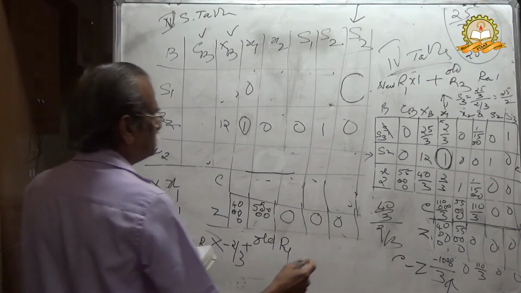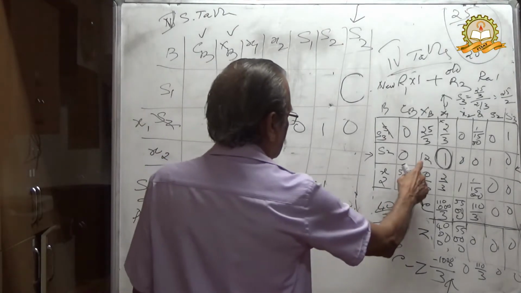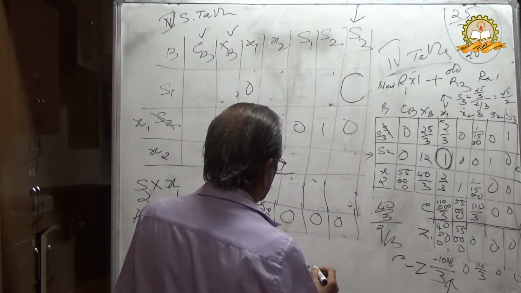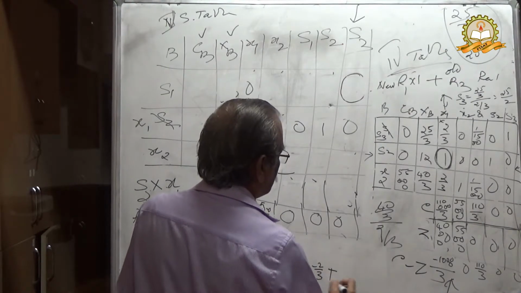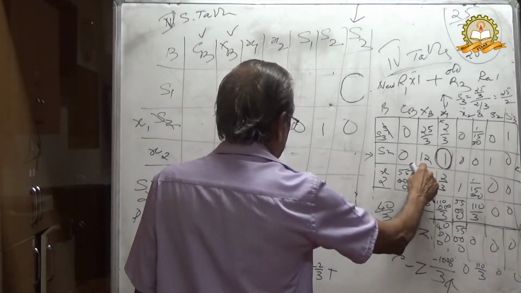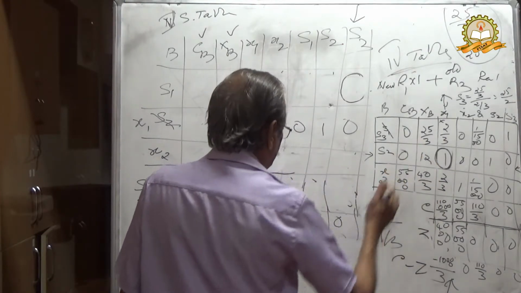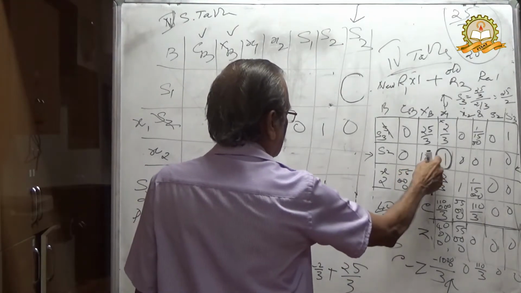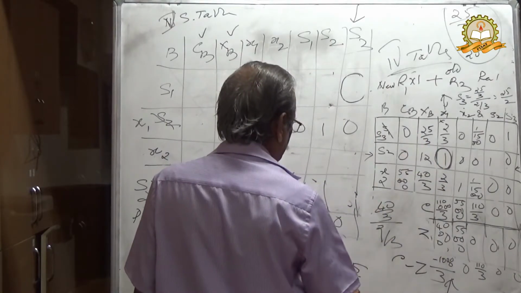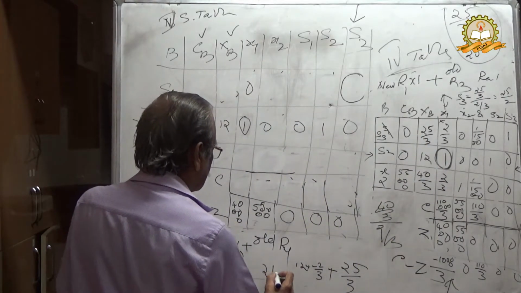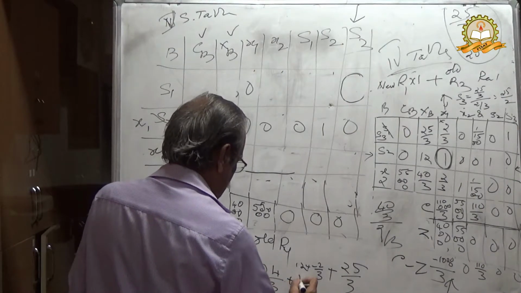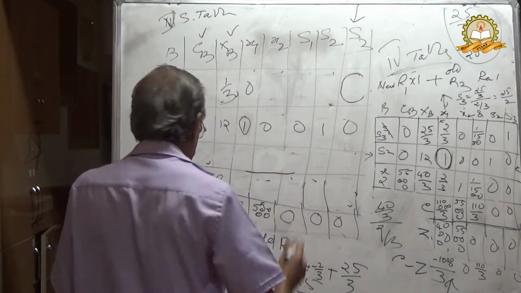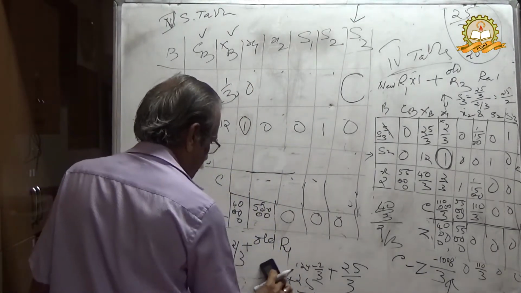So I'll write here, 12 into minus 2 by 3 plus 25 by 3 equal to negative 24 by 3 plus 25 by 3 equal to 1 by 3. Therefore, here it is 1 by 3.